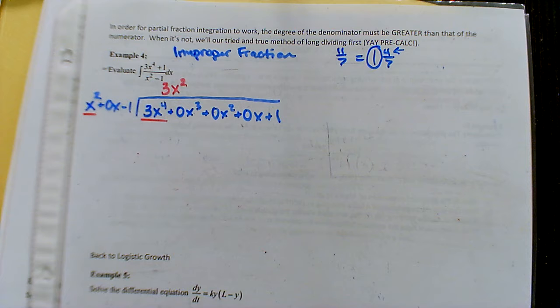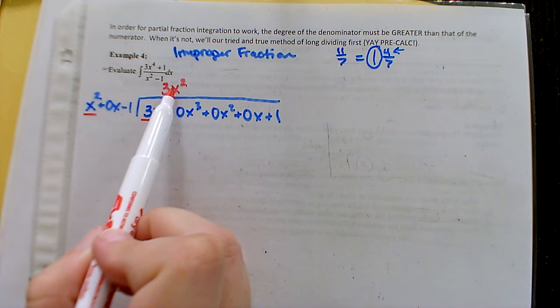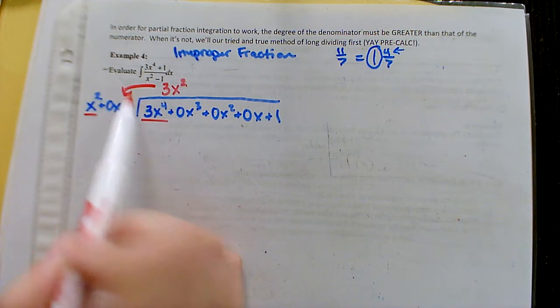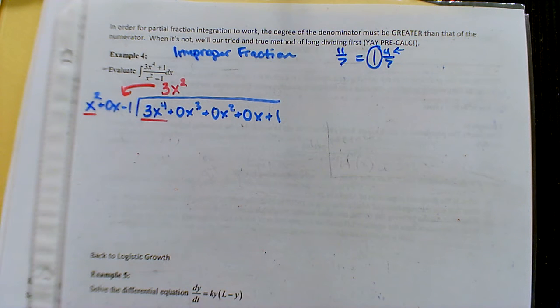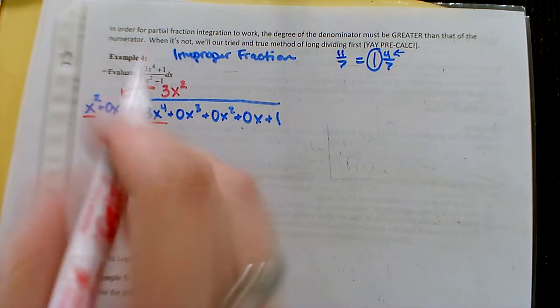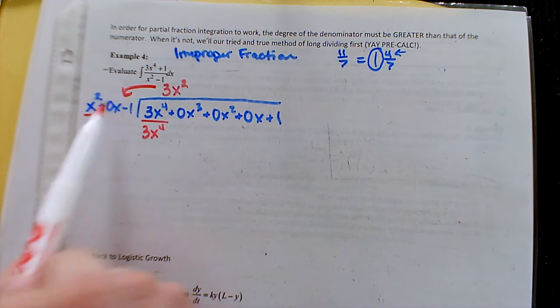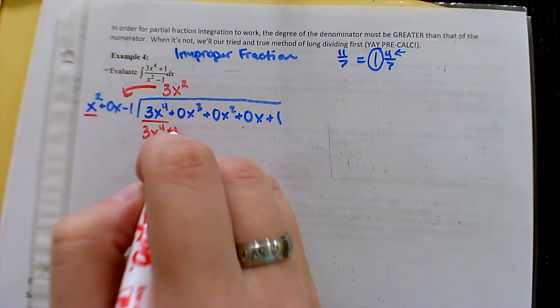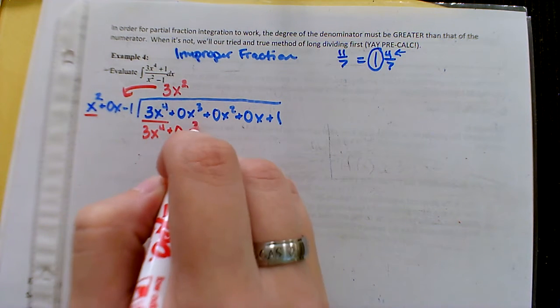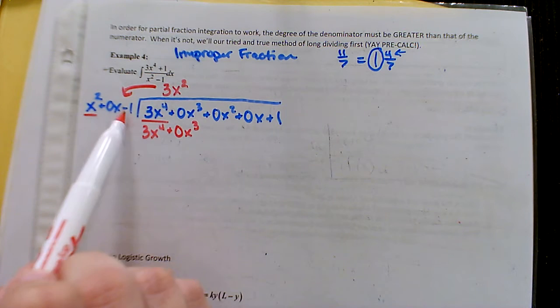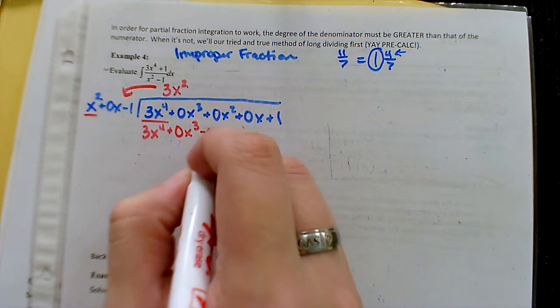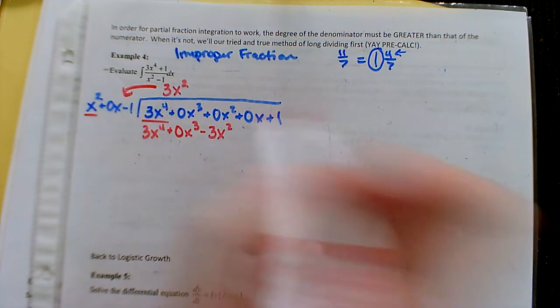And with any long division of numbers or polynomials, the moment you put something in the quotient spot, you have to multiply that over by everything in the divisor. So 3x squared times x squared will give us the 3x to the 4th that we wanted. 3x squared times 0x would be a 0x to the third, and then 3x squared times negative 1 would be a negative 3x squared.